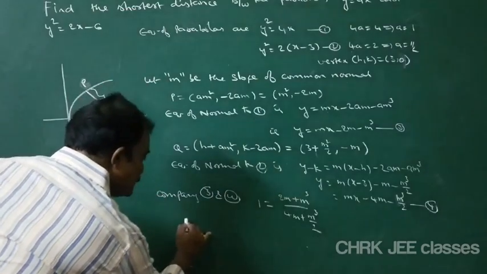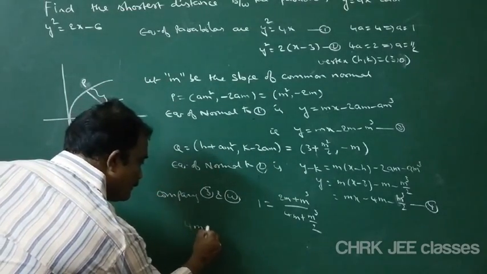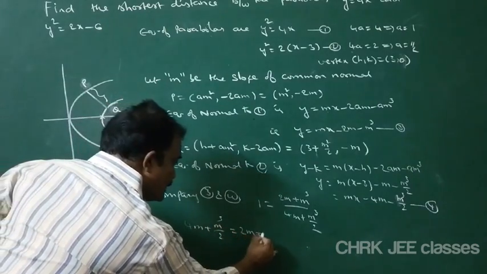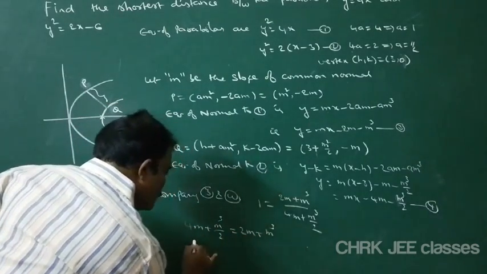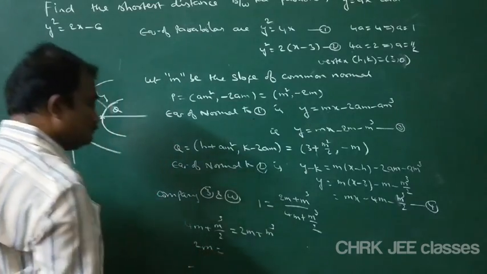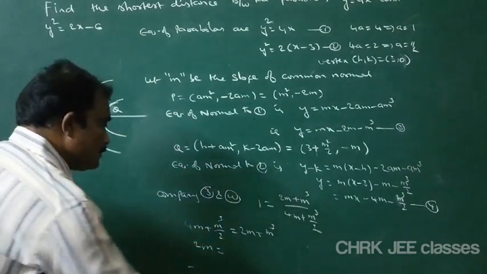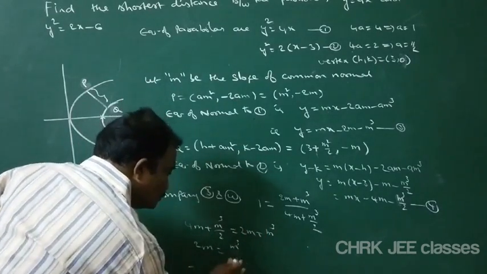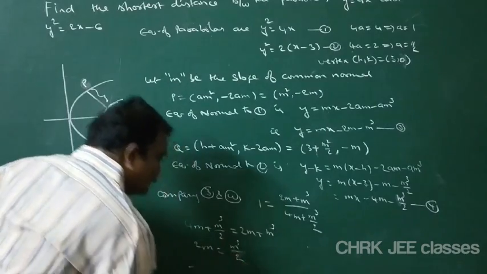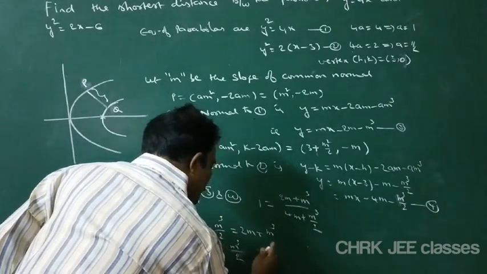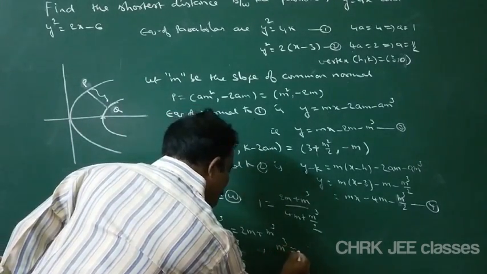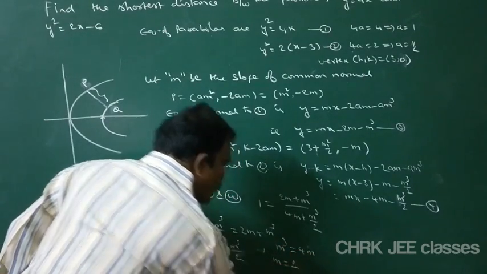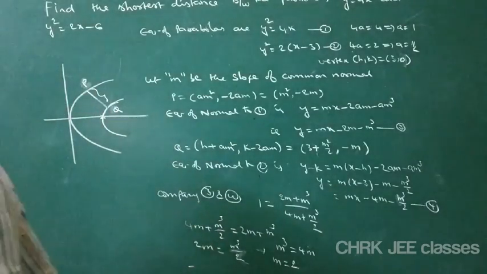After cross multiplication we are getting 4m plus m cube by 2 equals 2m plus m cube. From this, 2m equals m cube minus m cube by 2, that is m cube by 2. From this, m cube equals 4m, m equals 0 or plus or minus 2, we have to take 2 only.